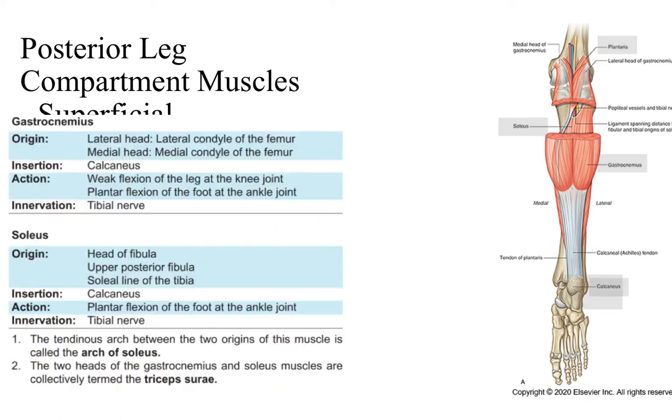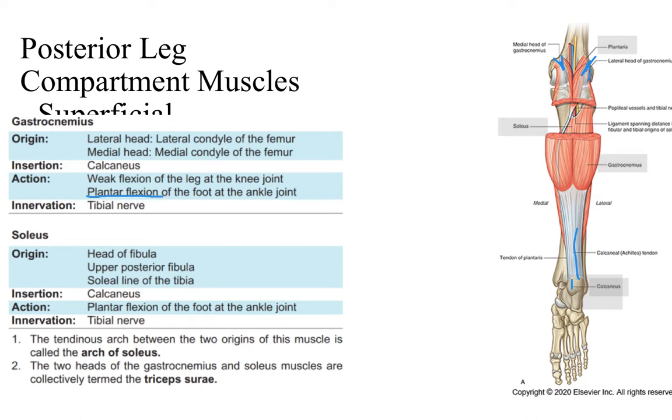So first, the gastrocnemius, you see it's attached to the condyles of the femur, and then it goes down and it's attached to the calcaneus of the foot. So when it contracts, what it's going to do is pull that calcaneus up and your toes are going to go down. So what we call that is plantar flexion.